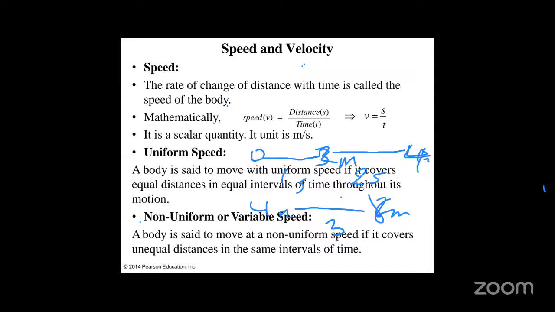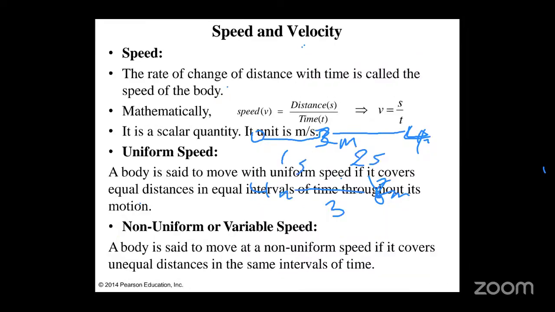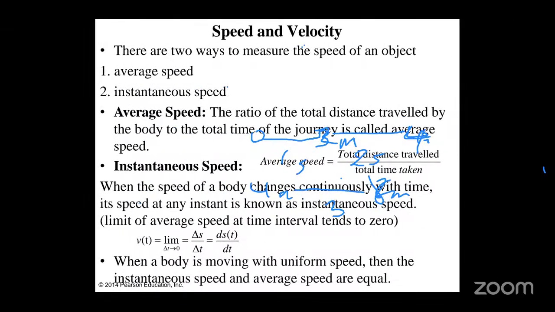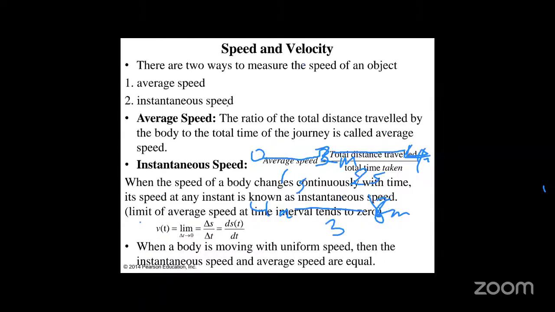So average speed. There are 2 ways to measure the speed of an object. The first is the average speed, and the second is instantaneous speed. The ratio of the total distance traveled by the body to the total time of the journey is called average speed.